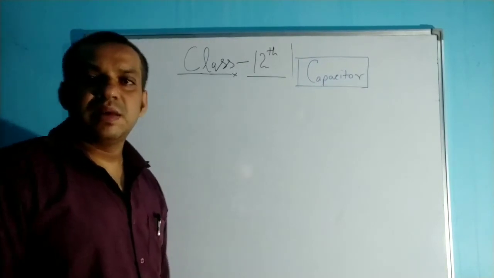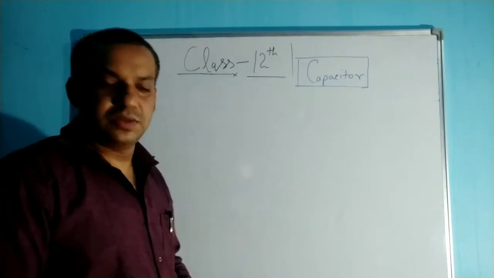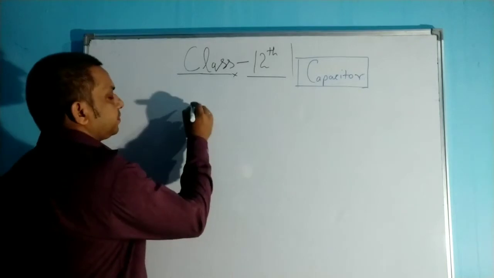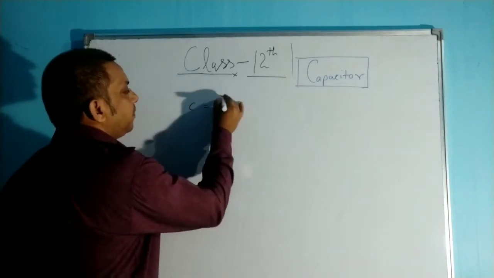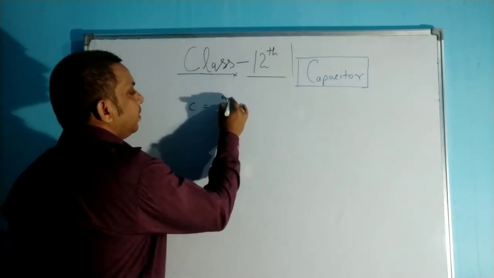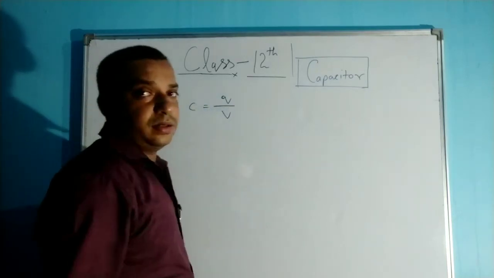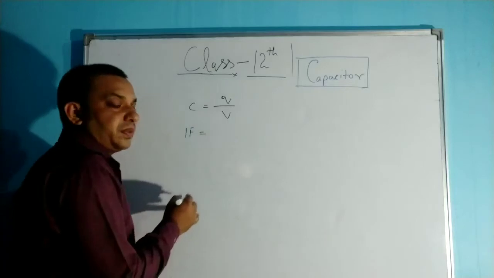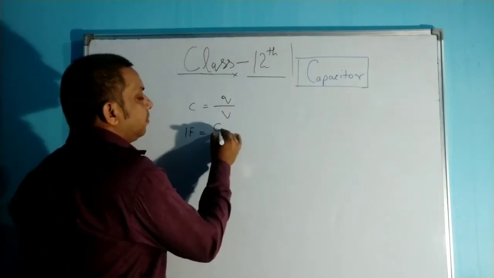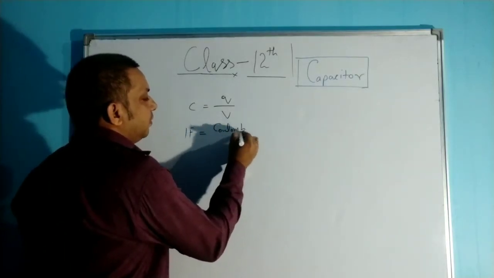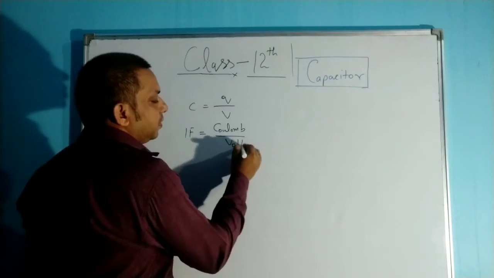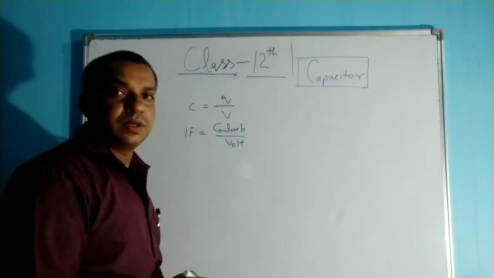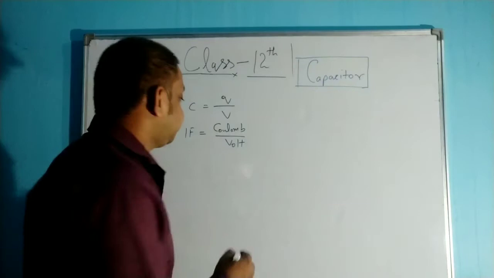Let us find the dimension of the farad. So just write the expression C is equal to Q by V. So 1 farad is equal to coulomb divided by volt. Clear? Just write down the dimension of the RHS.